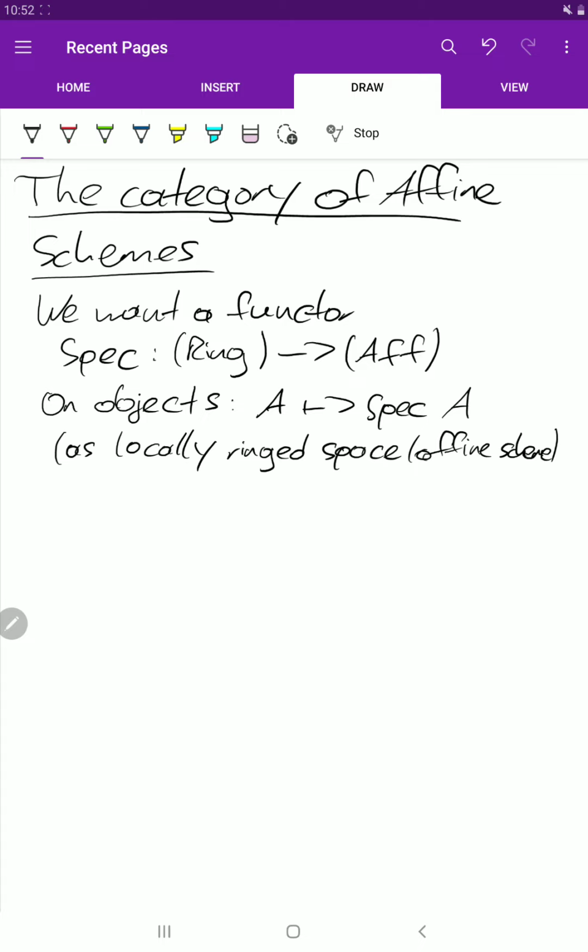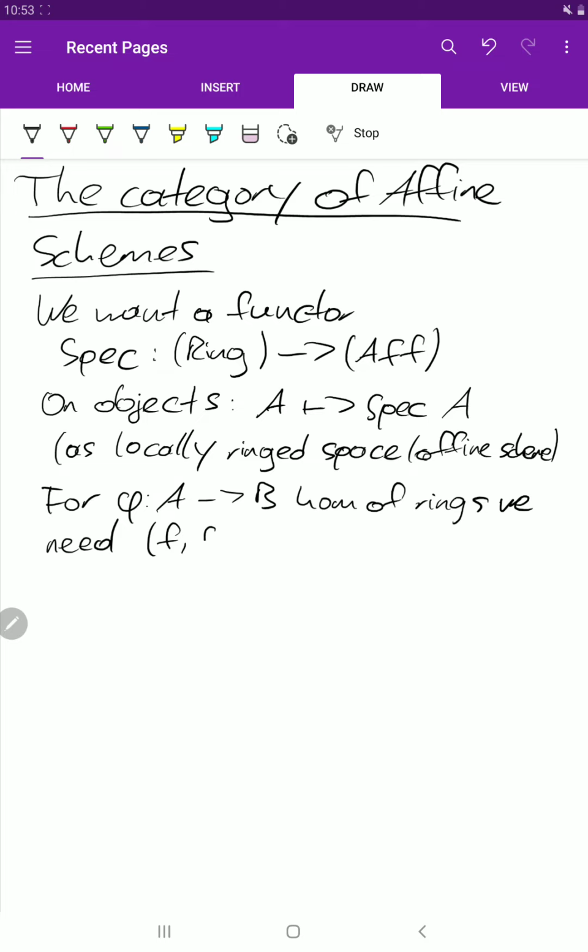Okay, the next thing we have to do is see what this functor should do on morphisms. So let's take a ring homomorphism phi from A to B. And now we need a morphism of affine schemes. So this is such a pair (f, f^b) from (X, O_X) to (Y, the structure sheaf of Y).